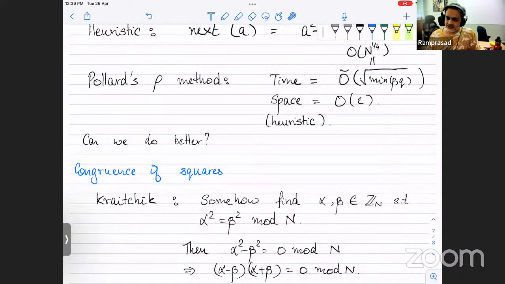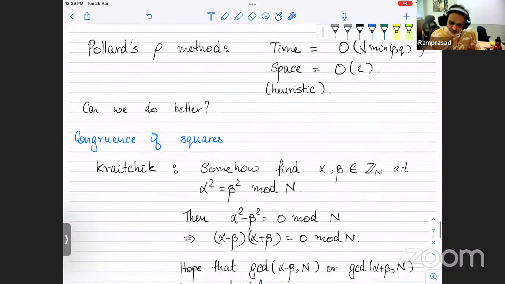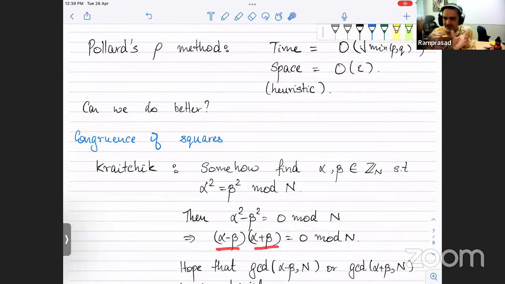So if n divides this product, one of these separate factors must have a non-trivial factor with n, and hopefully it's non-trivial in the sense that it's not equal to n. If alpha is not equal to plus minus beta, there will be non-trivial factors that you would find.